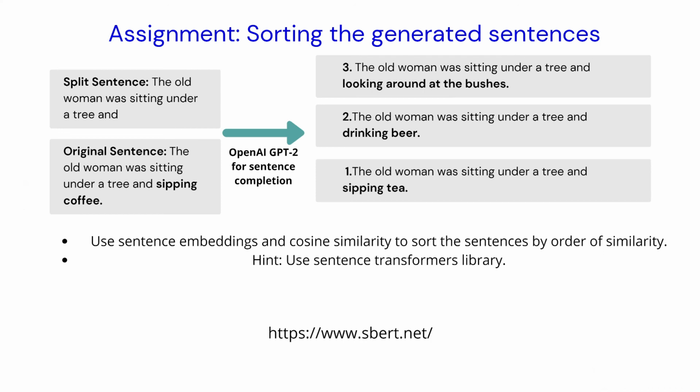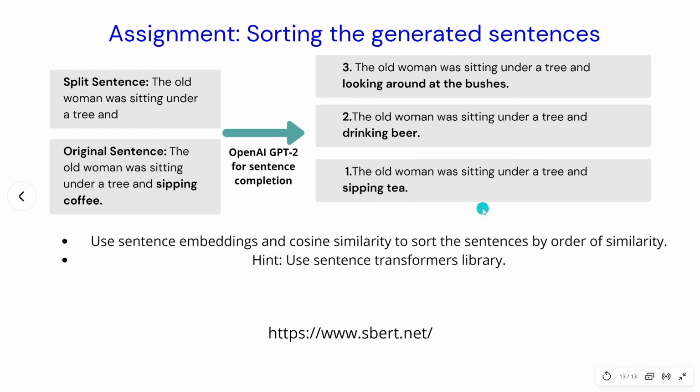A few hints are that you can use sentence embedding algorithms where you can convert the whole sentence into a vector of fixed size, and you can compare each vector from our 10 generated sentences to the original vector and find some similarity, and based on the similarity score you can sort the sentences.